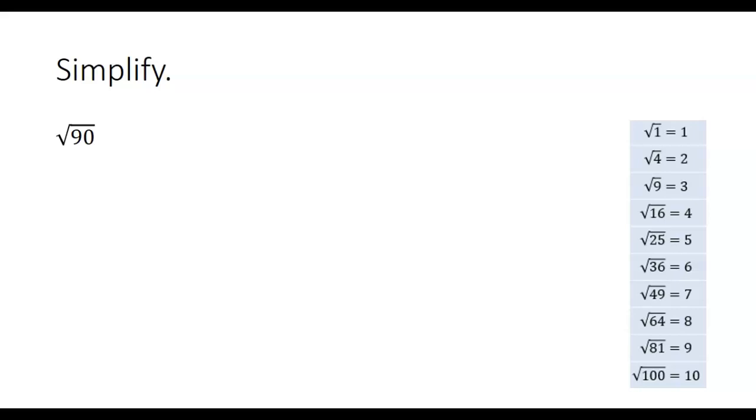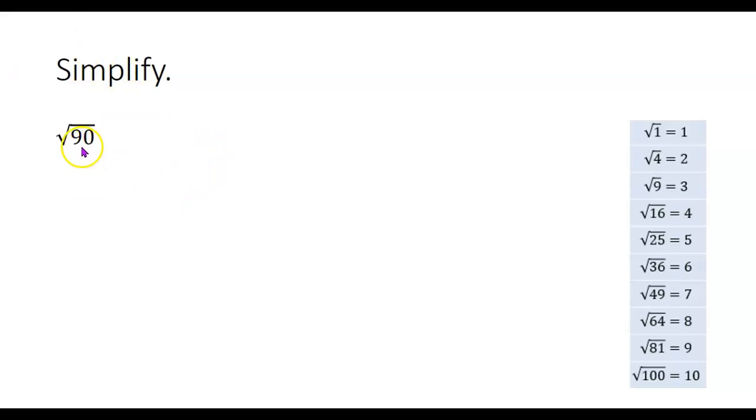When you take the square root of something that is not a perfect square, it's irrational, so its decimal version has digits that just keep on going forever. So that's not what we want when we are trying to simplify. Because if you stop writing anywhere, then what you've got is not exactly the square root of 90. You have to write infinitely many digits before what you have is exactly the square root of 90.